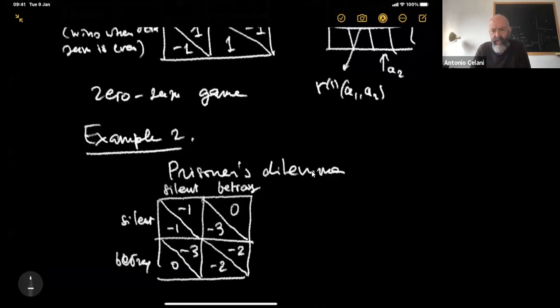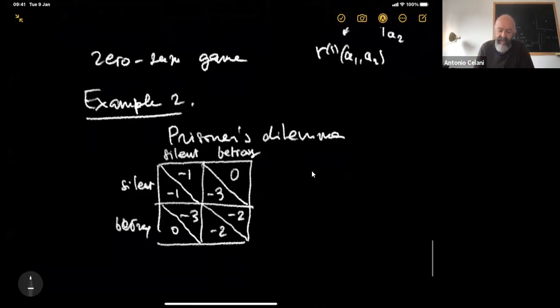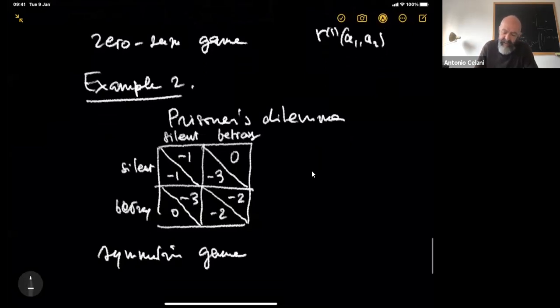all these kinds of 2x2 games are called symmetrical, because you see that this is not a zero-sum game, because there is no plus-minus symmetry, but still it is a symmetric game, in the sense that the matrix of payoffs for agent 1 is equal to the matrix of payoffs of agent 2 transposed.